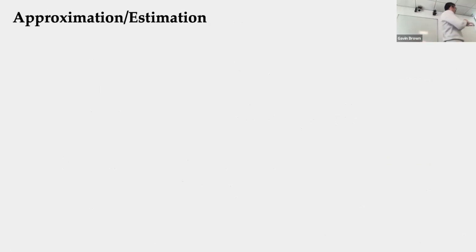Okay, so now we're going to move on to approximation estimation. This is going to require a little bit more machinery to talk about. So we've got this first decomposition, this bias variance decomposition that has this trade-off of two terms. Approximation estimation treats things a little bit more formally.